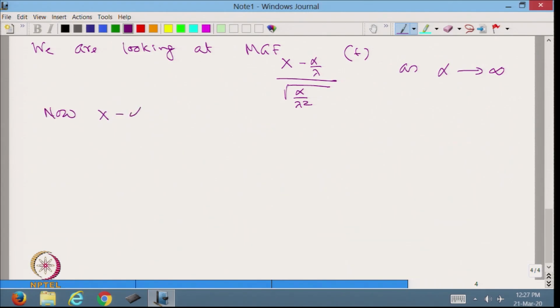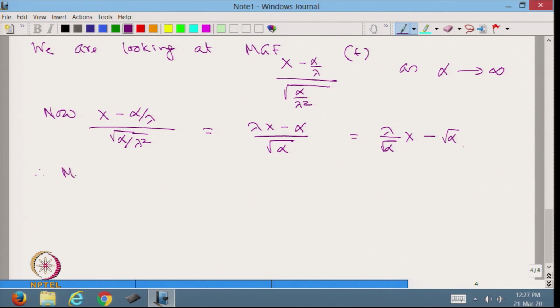Now, (x minus alpha over lambda) divided by root of alpha by lambda square is equal to lambda (x minus alpha over lambda) divided by root alpha, which is equal to lambda over root alpha x minus root alpha.